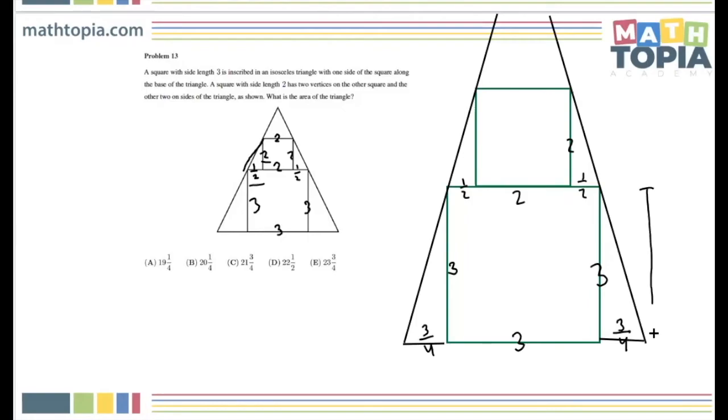And now we have this height here is 3. This height here is 2. And then notice here we have a base of 2, right? So we can use similar triangles here as well. In this case, the base here is 3, and the base here is just 2. And the difference between the heights is 2.